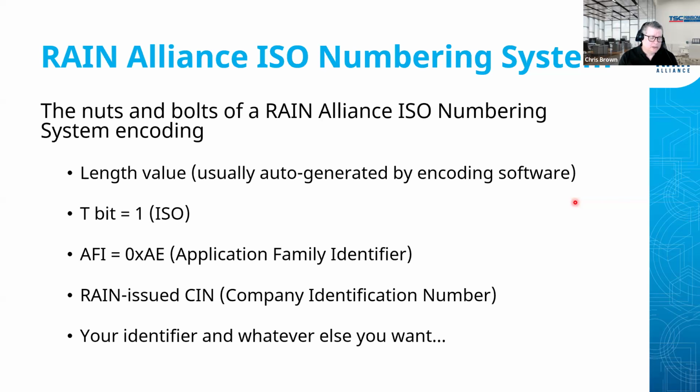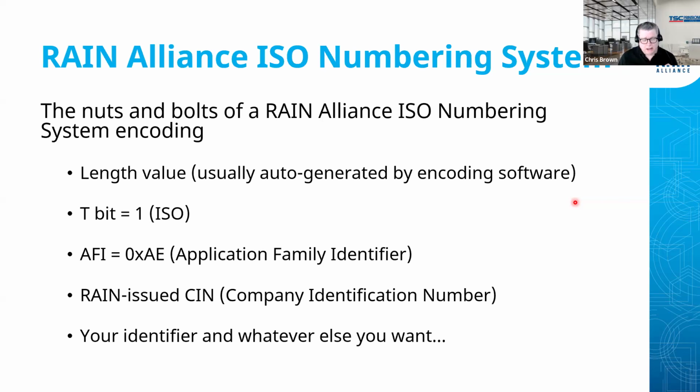Don't worry about this too much because normally this value gets auto-generated by your encoding software. So the example we're going to do today is going to auto-generate this for us. But just be aware that this is a required data element.